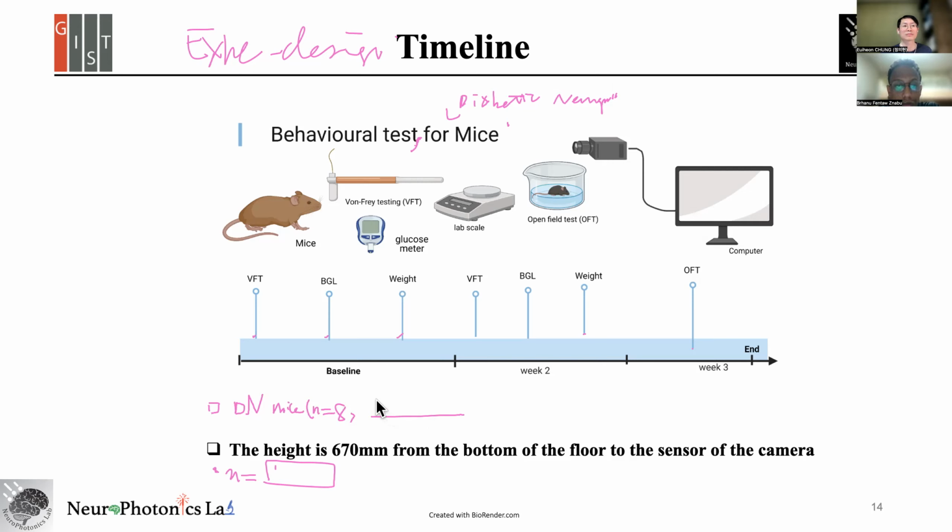This one, the open field, you mean the open field test? For these tests, 3 weeks. 3 weeks old? No, I'm talking about the age of the mice. Okay, I think, let me see. 8 weeks, 4 up to 6 weeks.